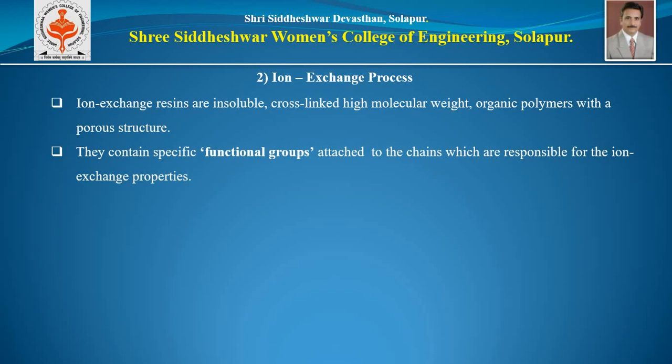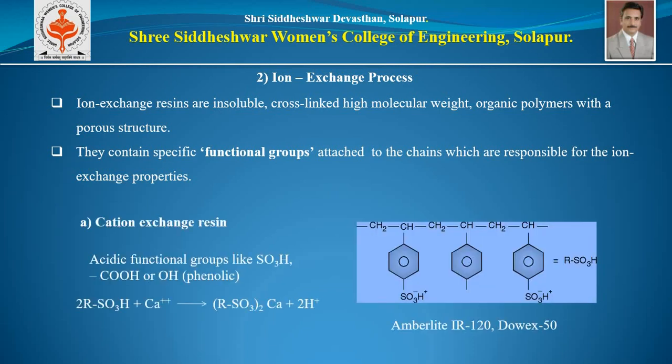They contain specific functional groups attached to the chain which are responsible for the ion exchange properties. There are two types of ion exchange resins we have to use. The first is called cation exchange resin.